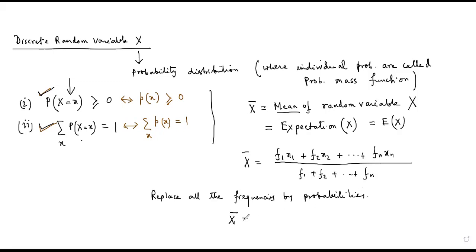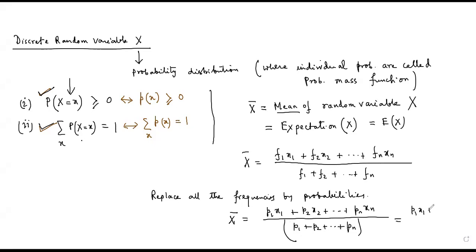I will get P1 x1 plus P2 x2 plus Pn xn, where the P's are my probabilities, divided by P1 plus P2 plus dot dot dot Pn. But you know the total probability is always equal to 1. So we will be left with only the numerator term, which is this, and therefore it is the arithmetic mean.